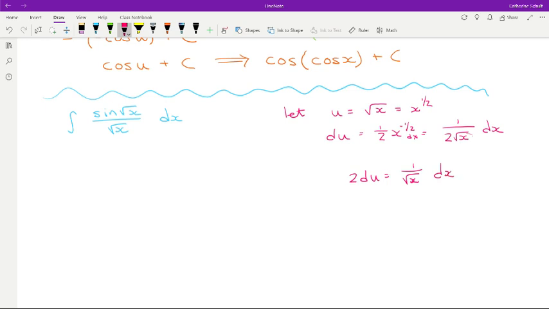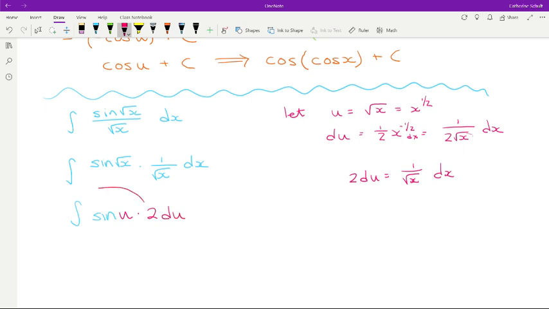Good. If you want to rewrite this so you can clearly see how you're substituting, you can pull that 1 over root x out of the denominator and into its own little fraction. So sine of root x, we said, was u, and then 1 over root x dx is 2 du.